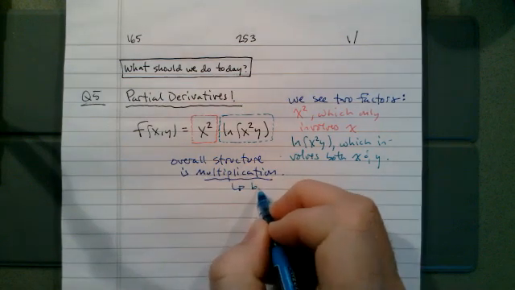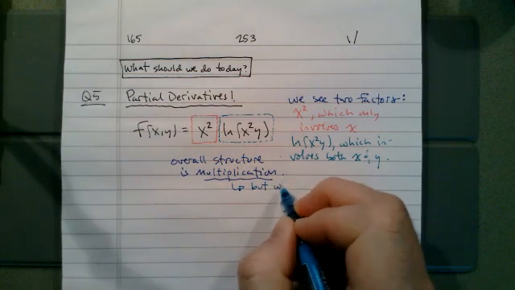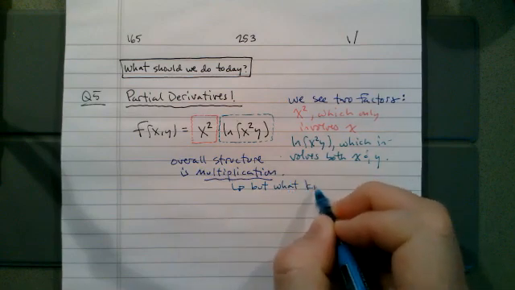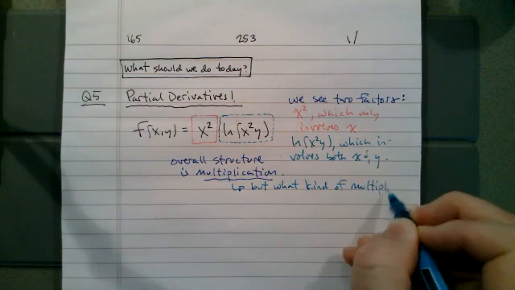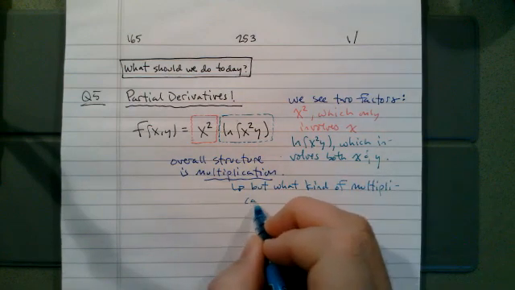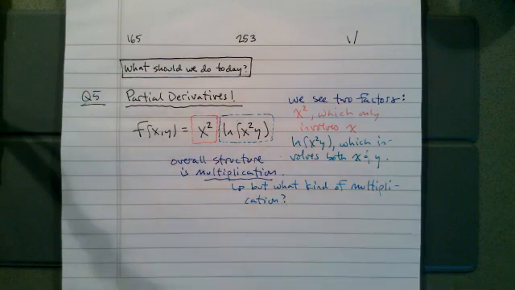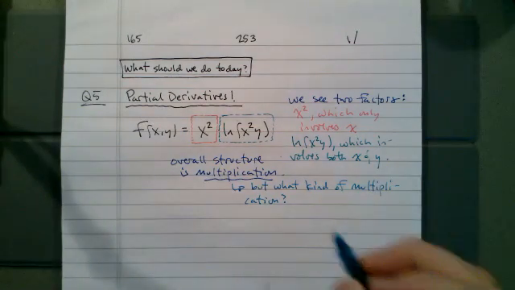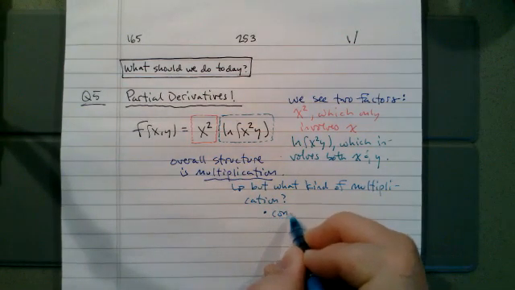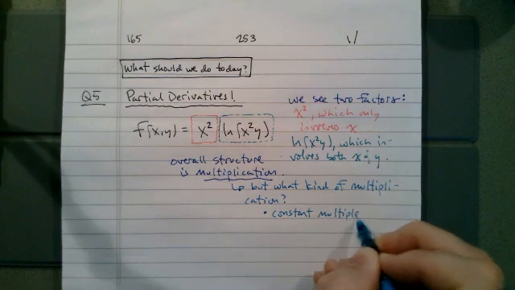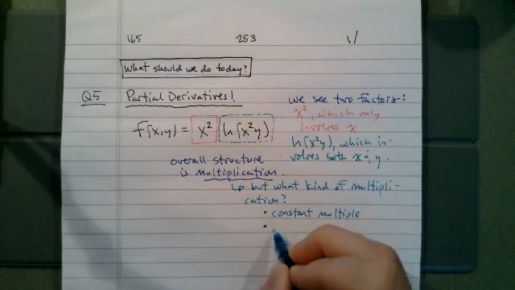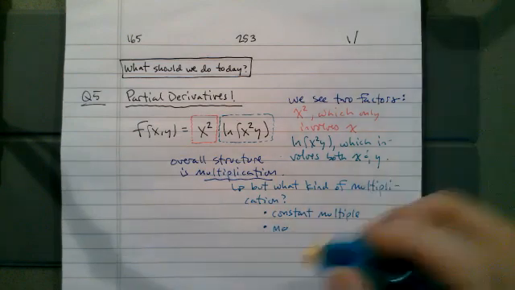So we should be thinking, what kind of multiplication are we dealing with? Are we multiplying functions or constants? Constant multiple?